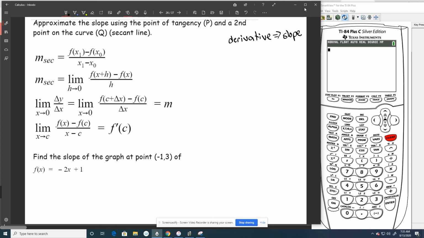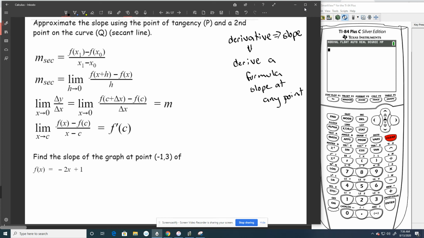It is helping us derive a formula for the slope, not just at a single point. It's us deriving a formula for the slope at any point on the function, which is really powerful because it helps us find that rate of change at any point, not just a specific point.